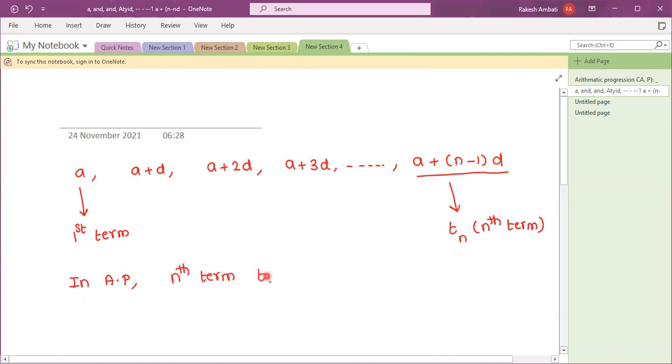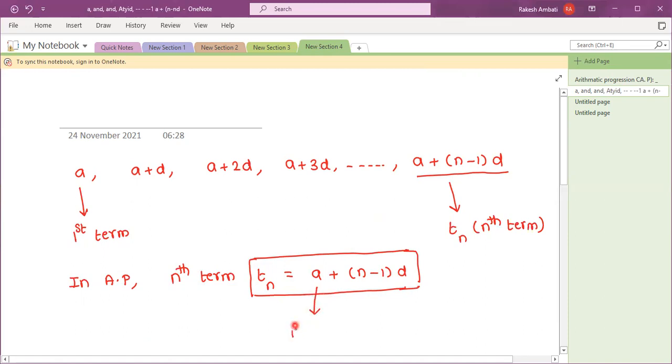The nth term formula is Tn equal to a plus n minus 1 into d.